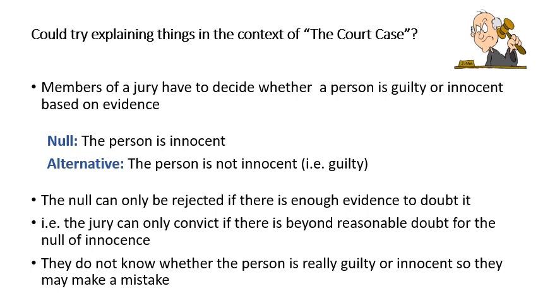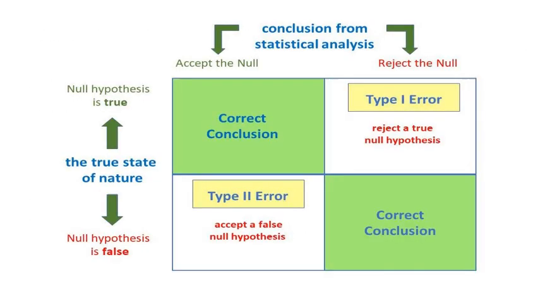They do not know whether the person is really guilty or innocent, so they sometimes can make a mistake. So there are errors. There are two types of error: the type 1 error and the type 2 error.